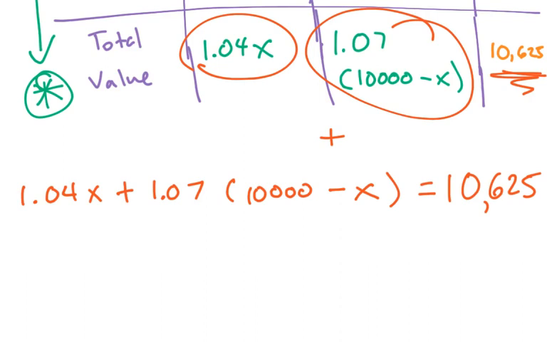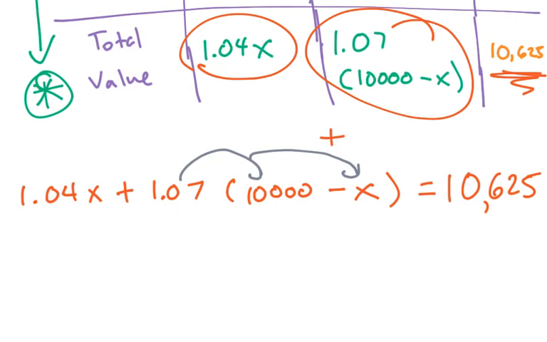Now, my natural inclination is to multiply through by 100 to get rid of the decimals, but these numbers are already super big, so I'm just going to go ahead and solve it by distributing, and we're going to get some ugly numbers here.